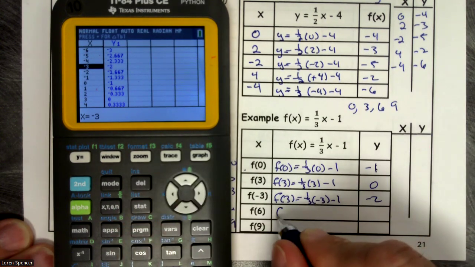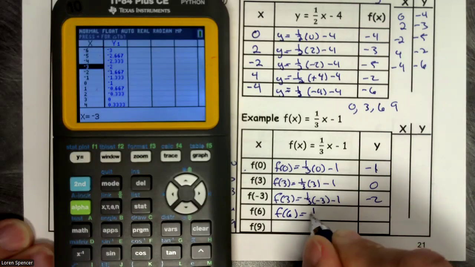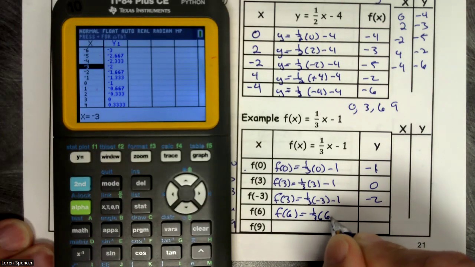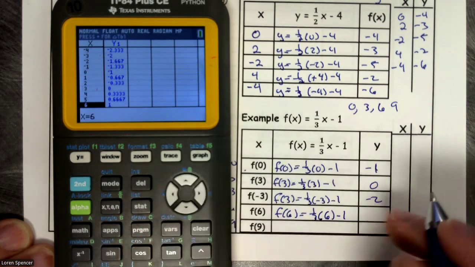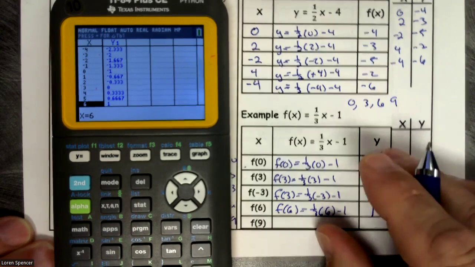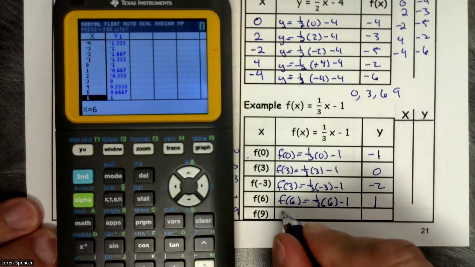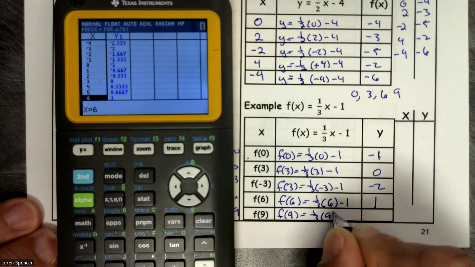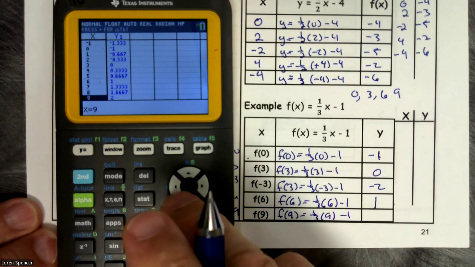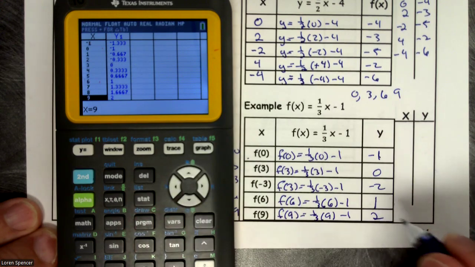Next, we want f of 6 equals 1/3 times 6 minus 1. And that gives me 1. And then we have f of 9 equals 1/3 times 9 minus 1. So we need to scroll down to 9, and we find out we get 2.